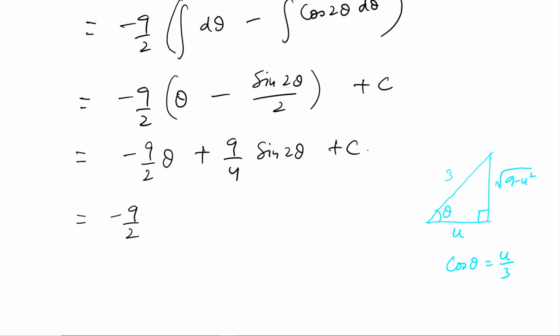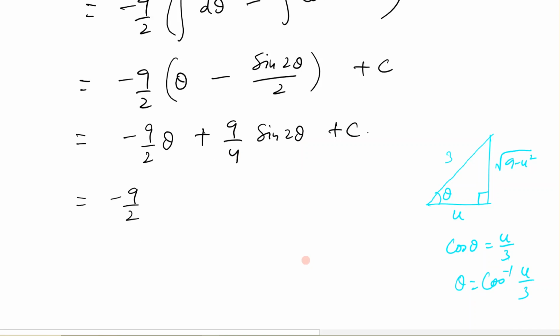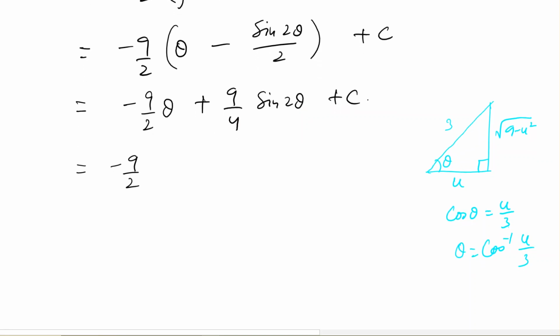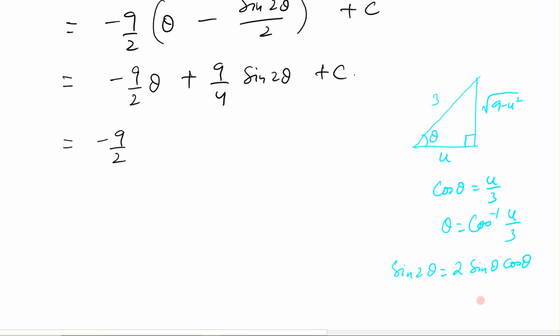So since we have cosine theta equal to u over 3, theta should be cosine inverse u over 3. And for our sine 2 theta, we can use our trig identity. So sine 2 theta is equal to twice sine theta cos theta. So value of cos theta, we already know u over 3, and value of sine theta would be square root of 9 minus u square over 3.